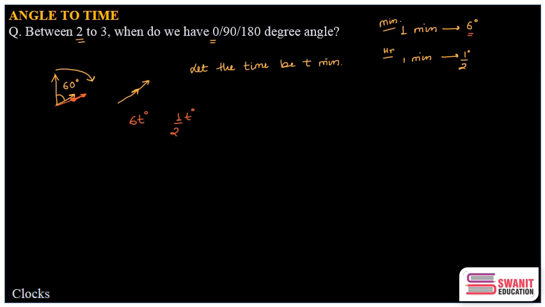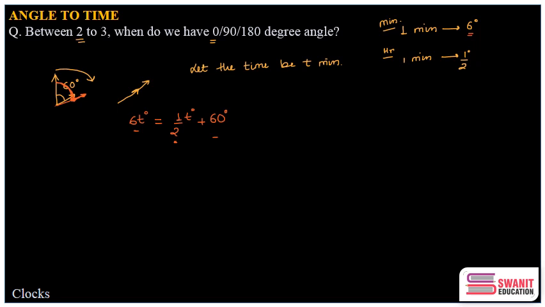Now the angle traveled by the minute hand is 6t, which should be equal to the half degree multiplied by t minutes of the hour hand as well as the initial angle that was 60 degrees. So the equation is formed now. The minute hand travels 6t degrees, the hour hand travels t by 2 degrees, and their initial angle was 60 degree.